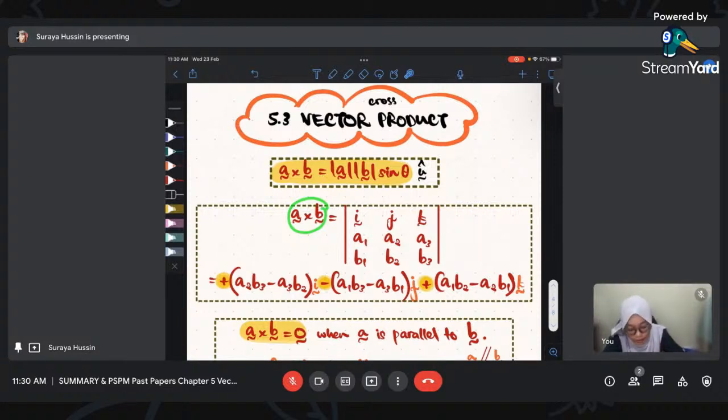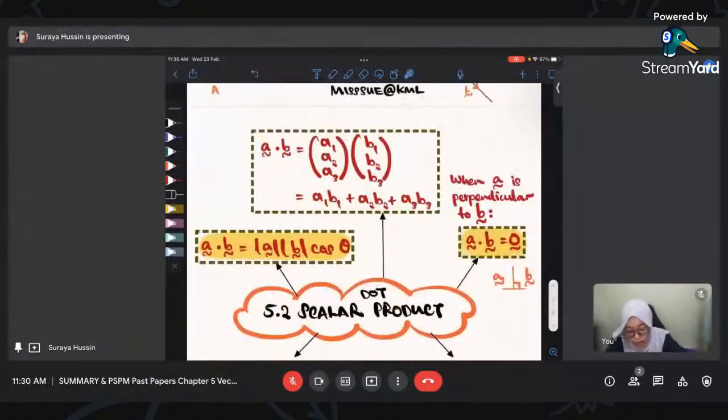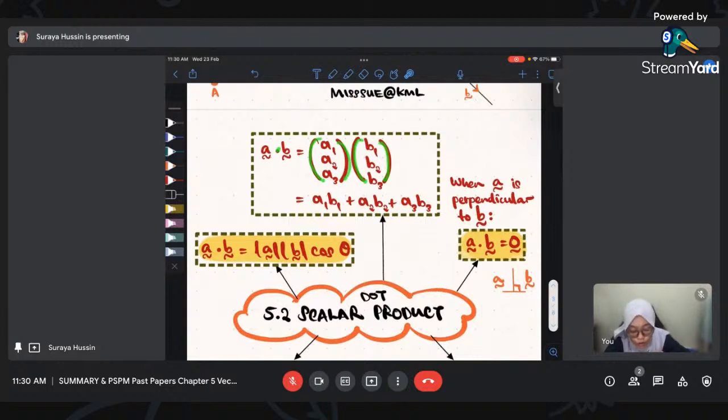Sangat beza. Kita kena letak palang ni, and then we have to write I, J, and K. Yang ini nanti saya terangkan macam mana waktu buat example. So untuk dot product, it's literally just use the two brackets and then you times it.